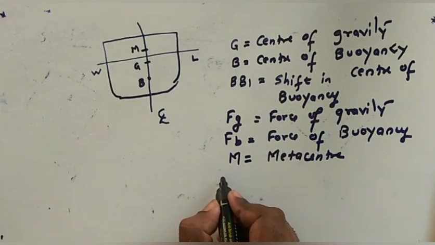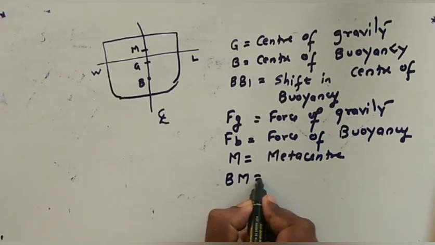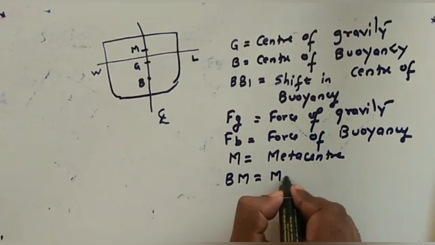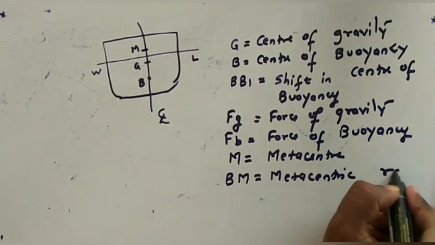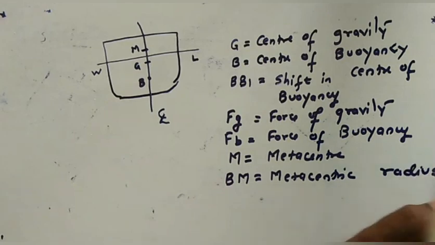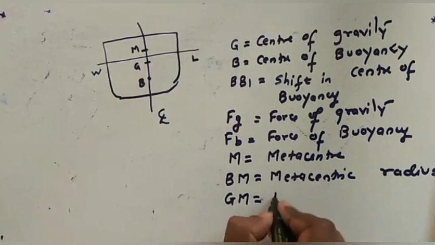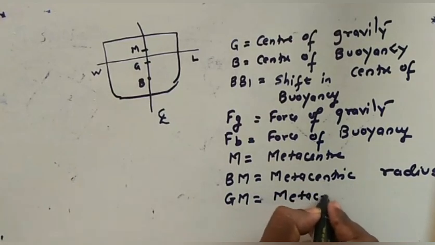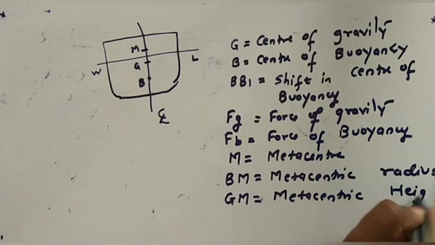Now there are two more new terms. BM stands for metacentric radius. GM is called the metacentric height.